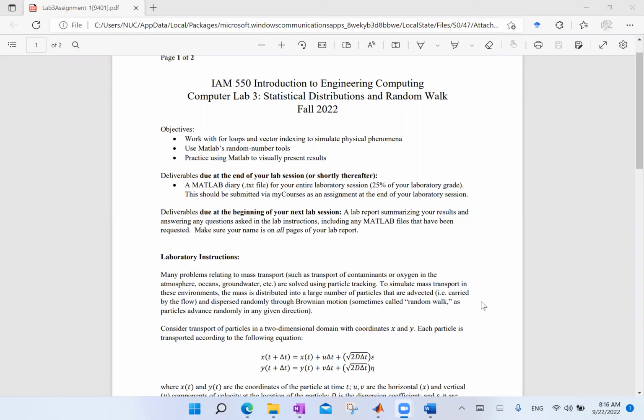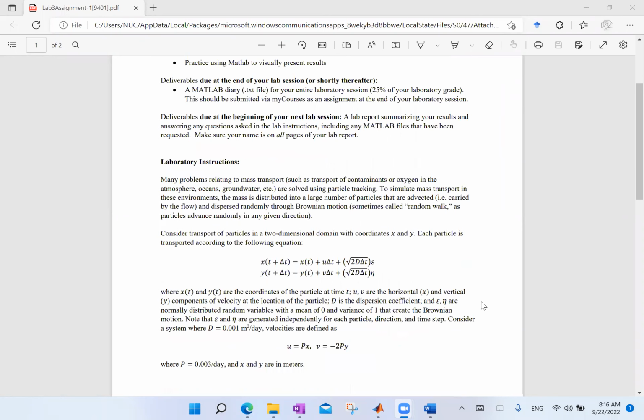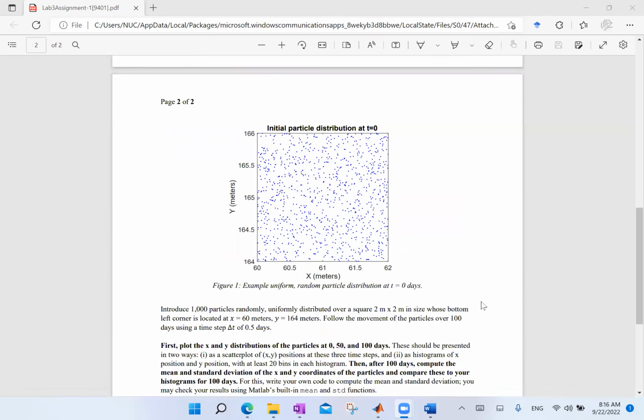For today's lab, I just want to quickly explain the lab to you in case you have not looked at it yet. We're going to look at a two-dimensional grid in the XY direction, and then we have about 1,000 particles, and at time equals 0, we randomly spread them out on this grid.